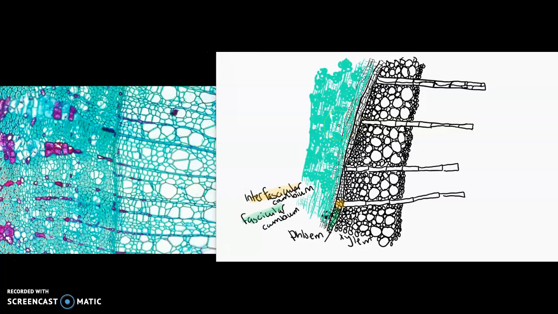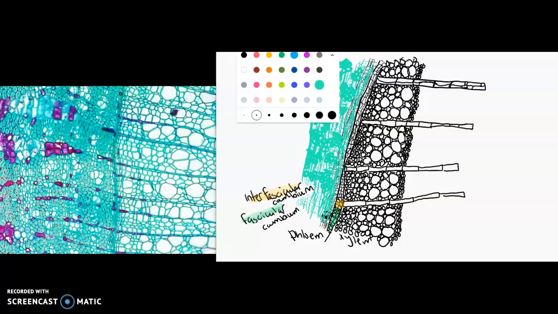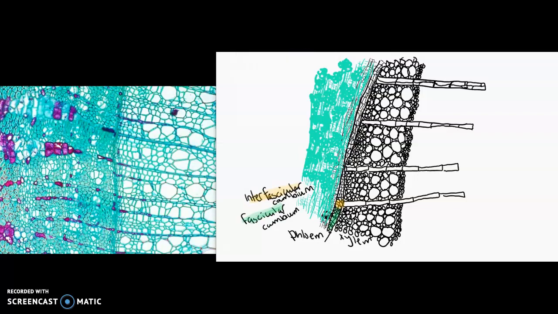The other thing that you'll notice running through the phloem is a continuation of the rays into the phloem area. And so the rays sometimes will still be thin, like they are in the xylem, but at other times they'll expand out to fill that space as the bark and exterior of the tree expands.